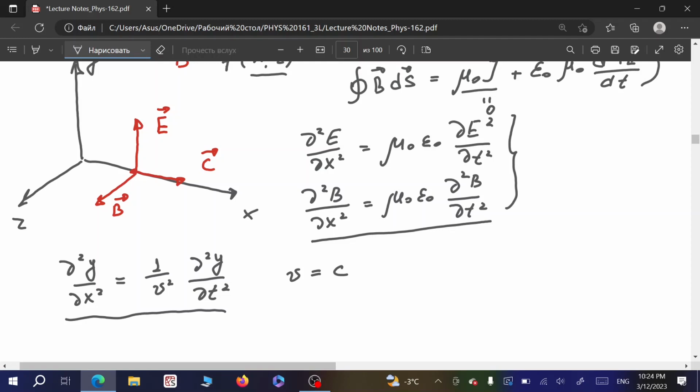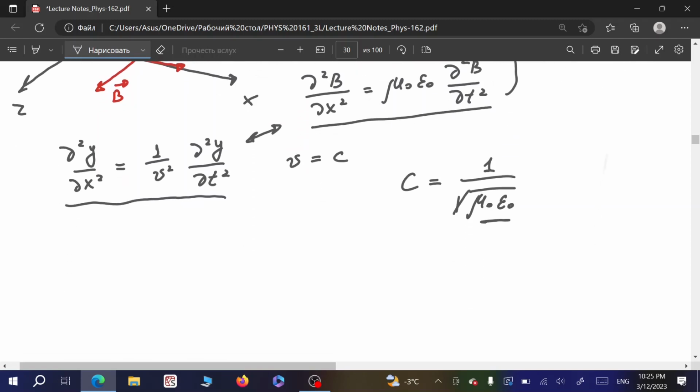So we can write that c, from the similarity between these equations, the speed of electromagnetic wave propagation in free space should be equal to 1 over the square root of the product mu naught times epsilon naught. And these, the magnetic and electrical permittivity of free space, are fundamental constants, meaning that the speed of propagation of electromagnetic wave in free space is also a fundamental constant.